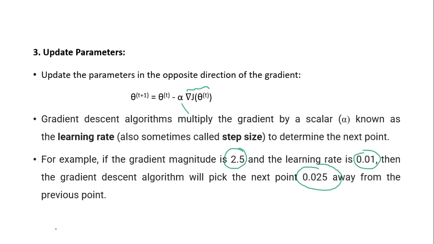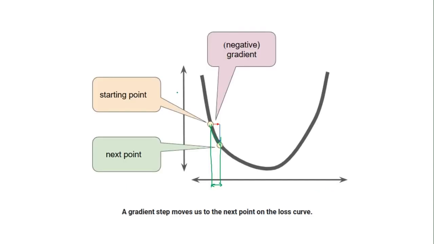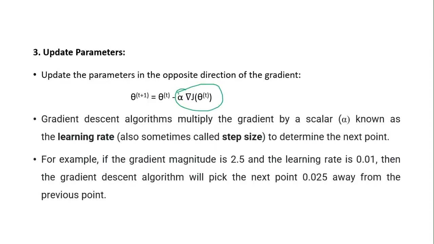So from the previous value of theta, 0.025 will be subtracted, and we get a new theta. The new theta will be in this direction only. That 0.025 means this much difference, and that is determined by using this alpha. That is why alpha determines the step size.